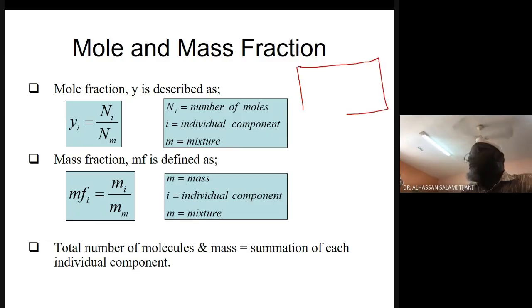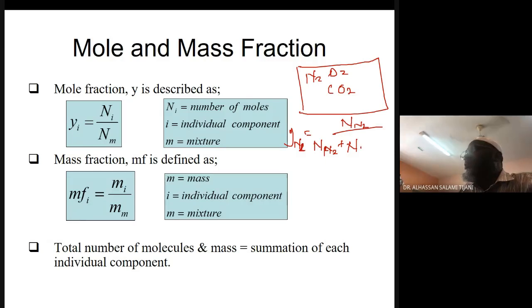So we have nitrogen, we have oxygen, we have carbon dioxide. The mole fraction of nitrogen is given by the number of moles of nitrogen divided by the number of moles of nitrogen plus the number of moles of oxygen plus the number of moles of carbon dioxide.